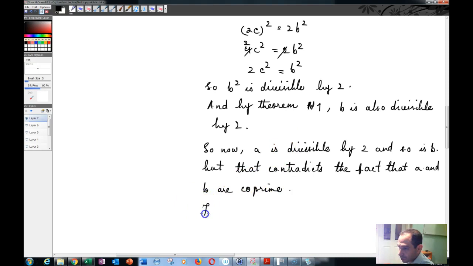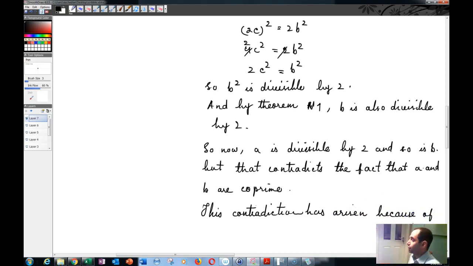Now this contradiction has arisen because of our incorrect assumption that square root of 2 is rational.